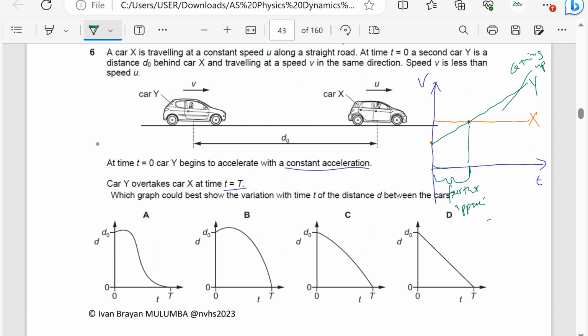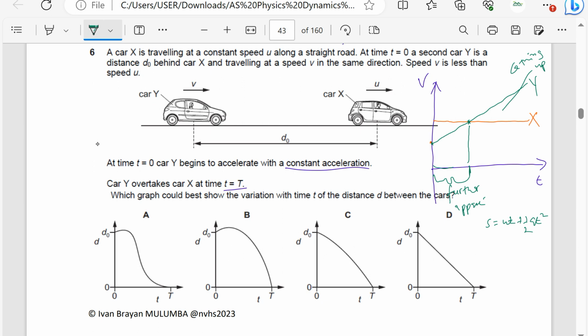And if you look at s equals ut plus a half at squared, for car y, which has a constant acceleration, did it start from 0? At time t equals 0, second car y is distance d naught behind car x and traveling at speed v. So its initial speed is v, then it accelerates.